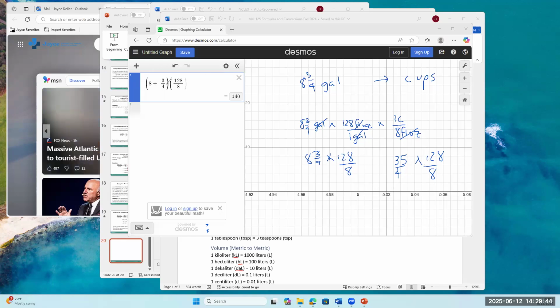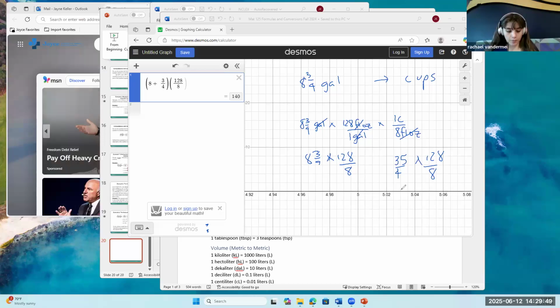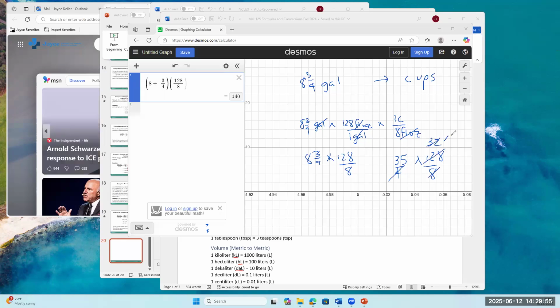But there's nothing wrong with pulling out Desmos and doing it that way. This would simplify, 32, and then that's 4. So that's not bad at all. On an exam, you're allowed to use it. Nothing wrong with making sure that's the right calculation.